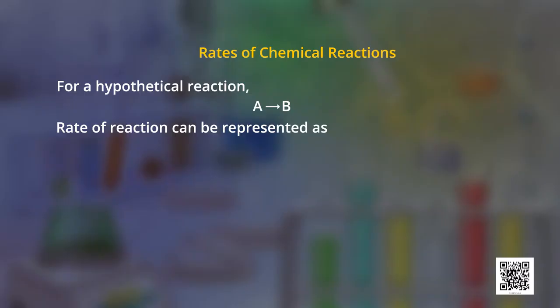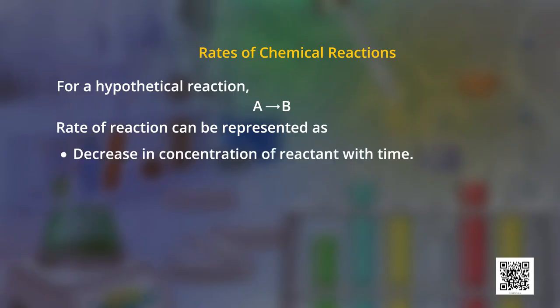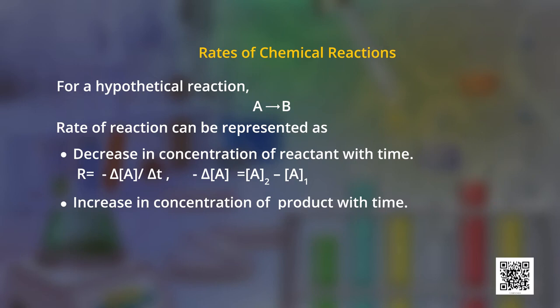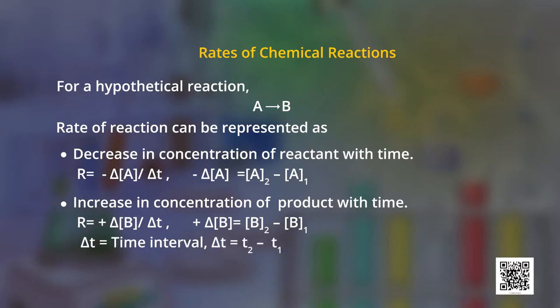Then rate of reaction can be represented as decrease in concentration of reactant with time, that is R equals minus delta [A] upon delta T, where minus delta [A] is equal to [A2] minus [A1], or increase in concentration of product with time, R equals plus change in concentration of B divided by change in time, plus delta [B] equals [B2] minus [B1], and delta T is equal to T2 minus T1.